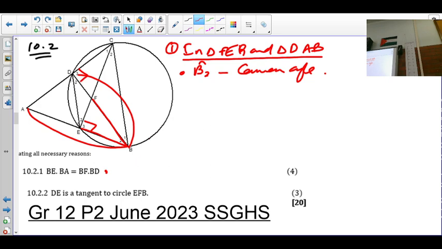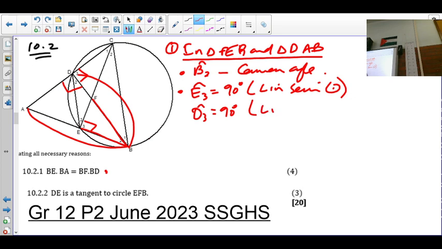D3 is 90, which makes the combination of D1 and D2 also 90, angles on a straight line. And this is my second angle that is now equal. Can you see that? So we say E3 is equal to 90 degrees, angle in semicircle. And then D3 is 90 degrees, angle in semicircle.